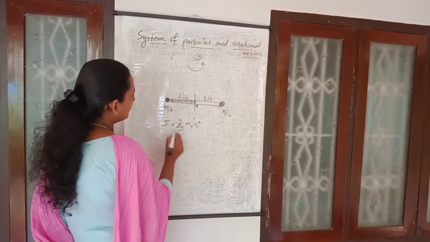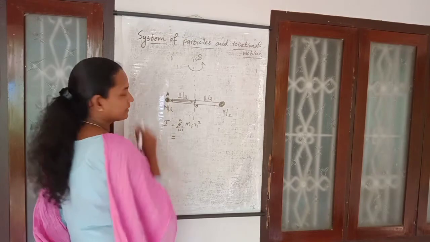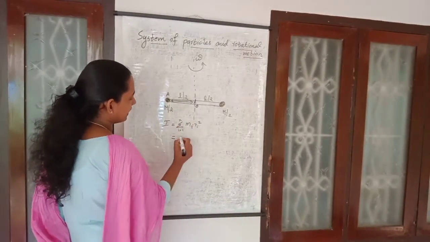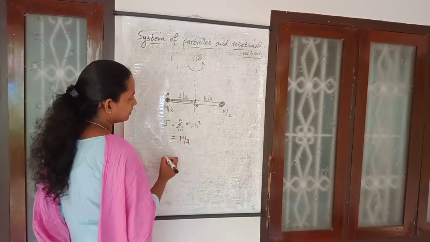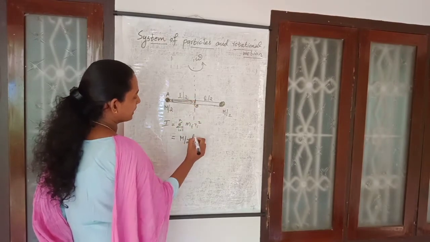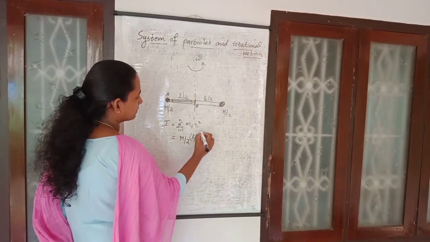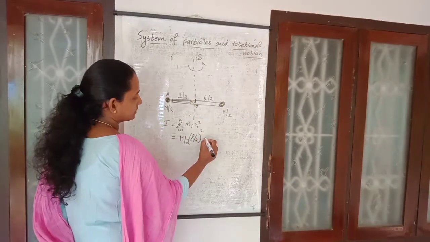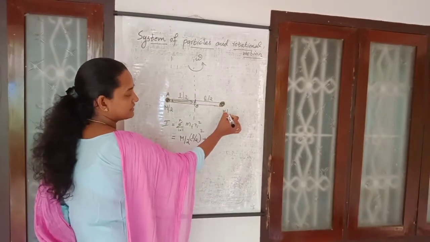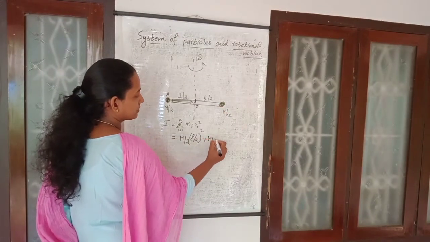So whenever you are considering this particle A, its moment of inertia you can write as m by 2, mass is m by 2, Ri square, Ri means this distance, L by 2, therefore it becomes L by 2 the whole square, plus, which is the second particle? This is the second particle. What is its mass? Its mass is also m by 2.